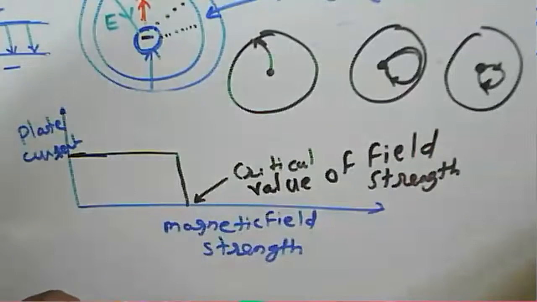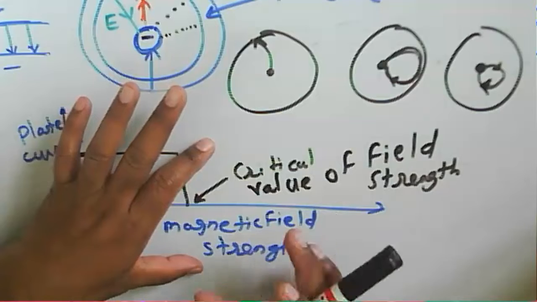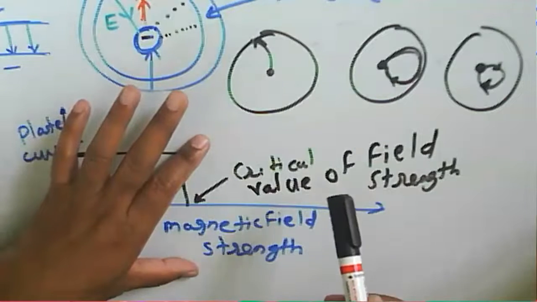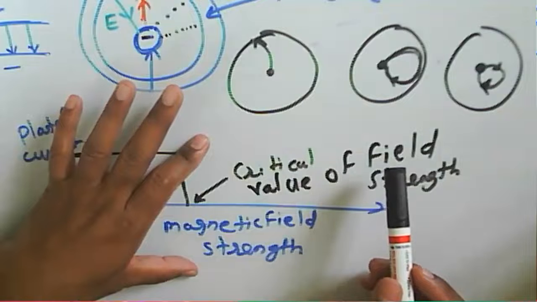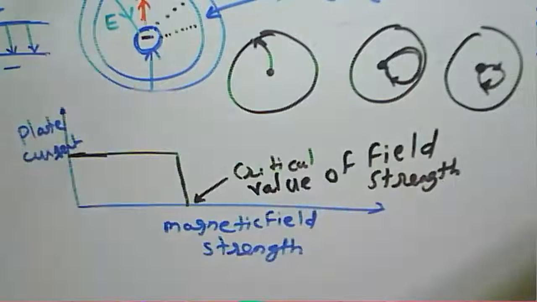It depends on the critical value of the field strength. If the magnetic field strength is more than the critical value, the electron will move early. Because the force is large, the electron will bend more in the interaction region.